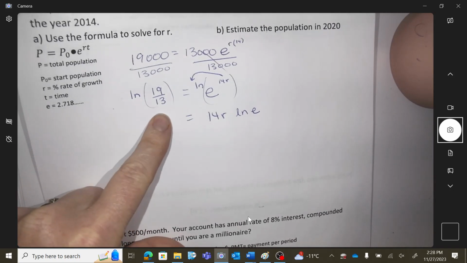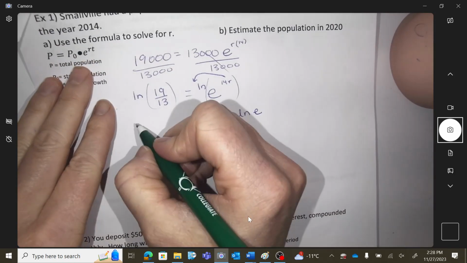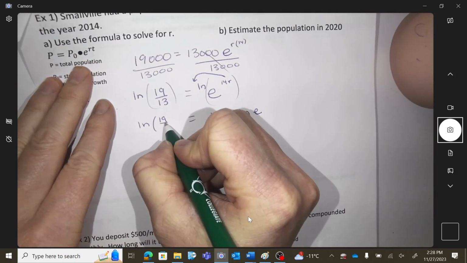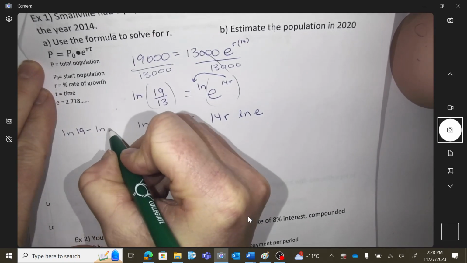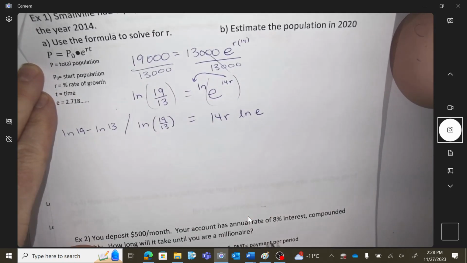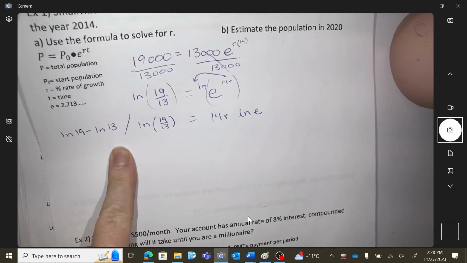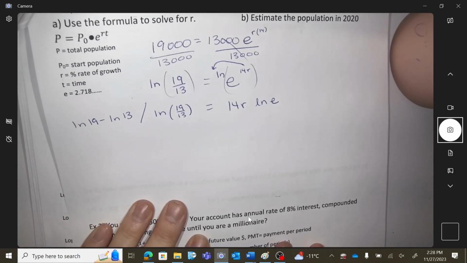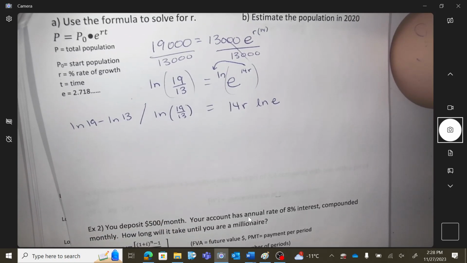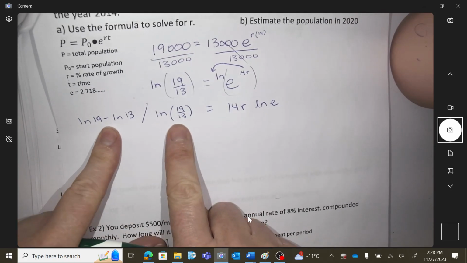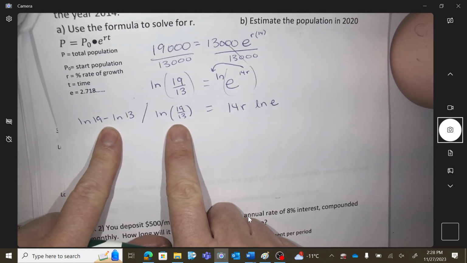Okay, on this side, I can just leave it like that because this is just going to be a calculator. These, if you type them into your calculator, will give you the same answer. You see, it doesn't matter at this point because I just need the number. So this would be the same number in your calculator, right?